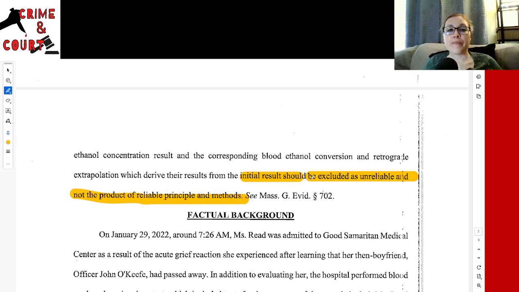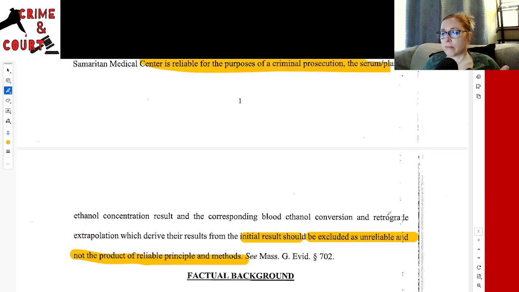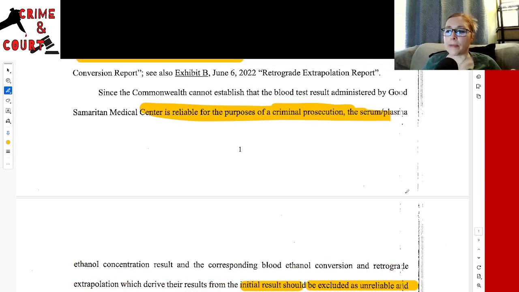So instead, the Good Samaritan Hospital or Medical Center, they took her blood, they did the testing, they came up with a result. That result then was shared with people at MSP. Those people and the Commonwealth's experts all said, well, okay, she had this as her range of alcohol, which was incredibly high, and it was a very wide range, which made no sense to me.